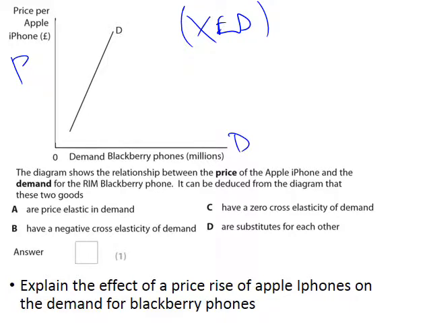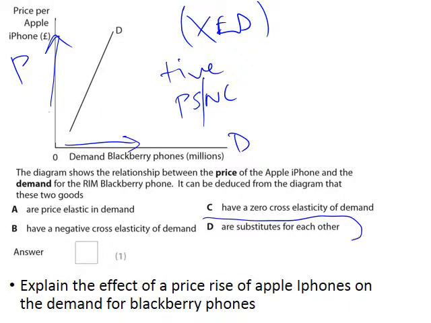It says the diagram shows a relationship between the price of Apple iPhones and the demand for BlackBerry phones. It can be deduced from the diagram that these two goods are, well, if the price is going up and the demand is going up, you know you've got a positive relationship. If you remember the little mnemonic party season, nearly Christmas, positive substitute, negative complement, straight away you should be able to see that D is the correct answer.